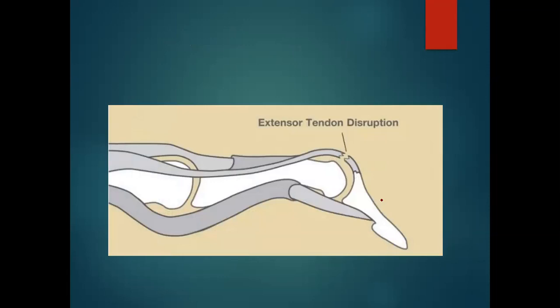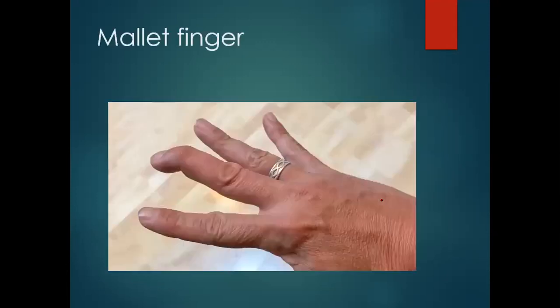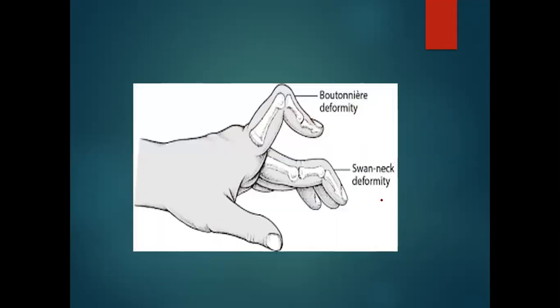So there it is. The mallet finger is the very distal portion, and it's extensor tendon disruption, and that's what it looks like. Then you have a boutonniere deformity, which is basically the PIP joint, the proximal interphalangeal joint, just bent, right? That's a boutonniere. It looks like a boot.